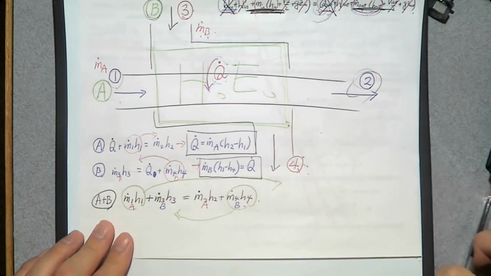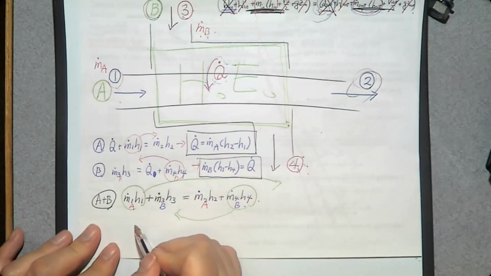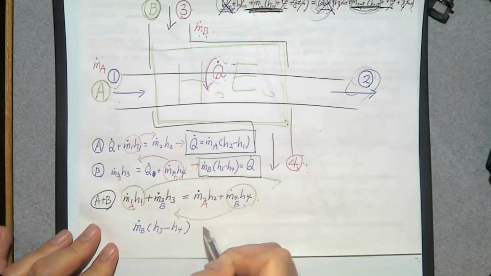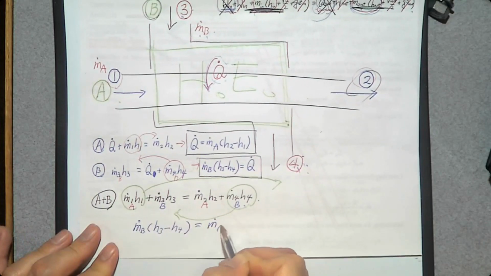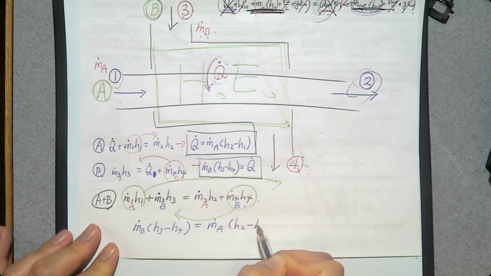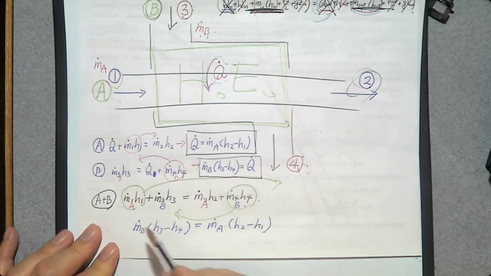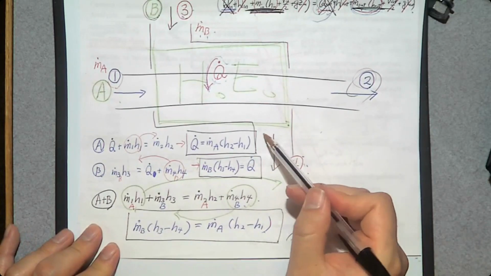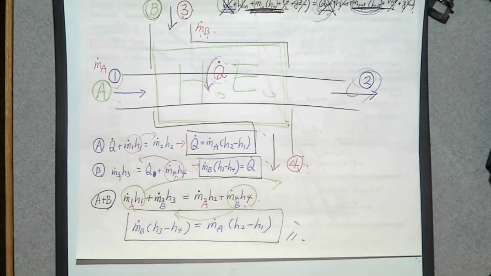Then the energy balance equation becomes m dot B times (H3 minus H4) is going to be m dot A times (H2 minus H1). So these are the 3 energy balance equations, 1, 2, 3, for the heat exchanger.